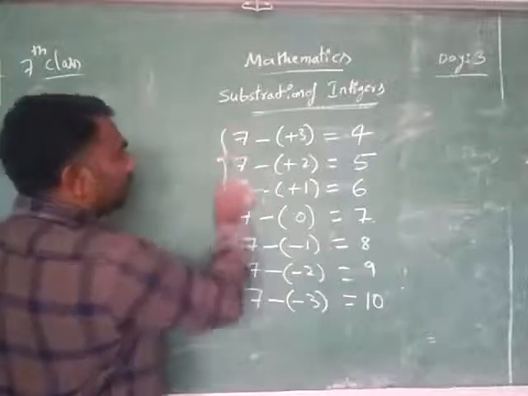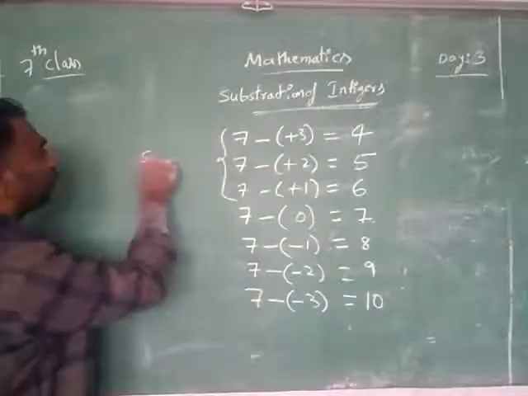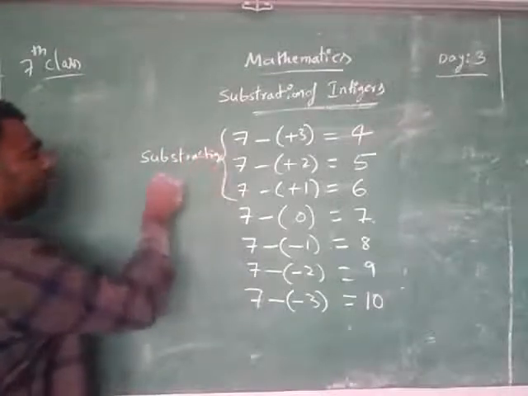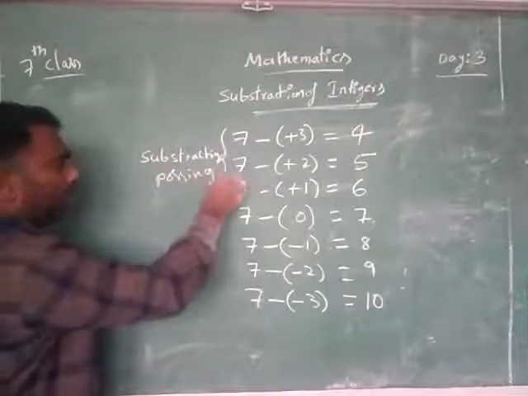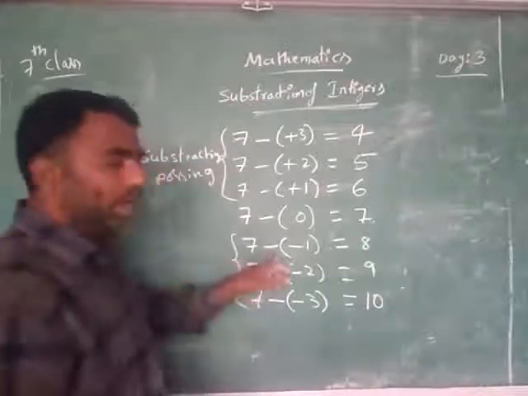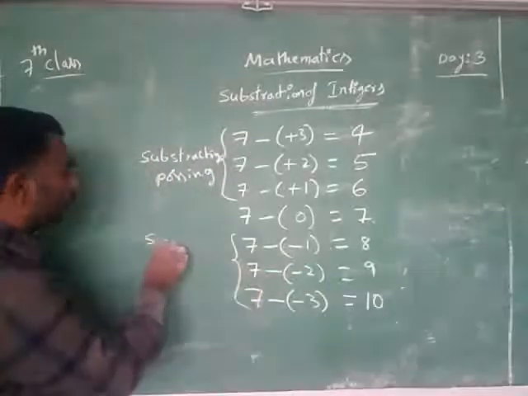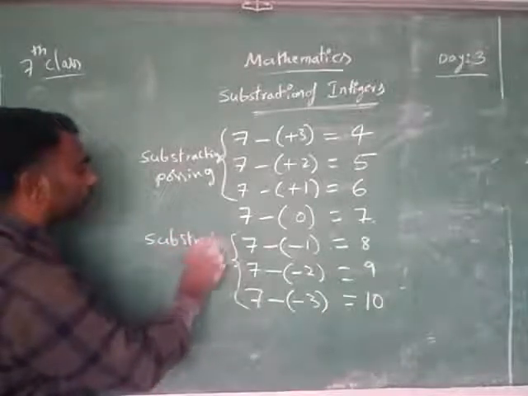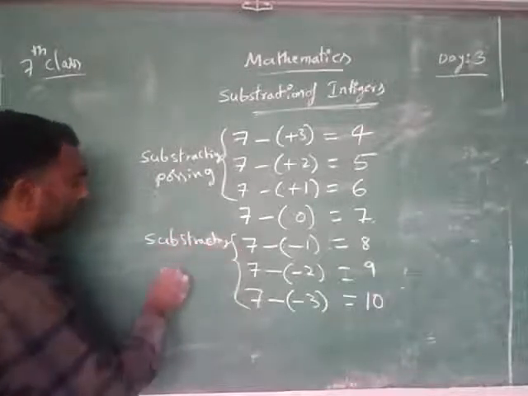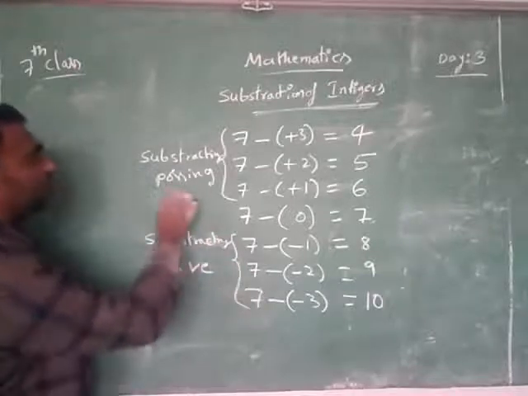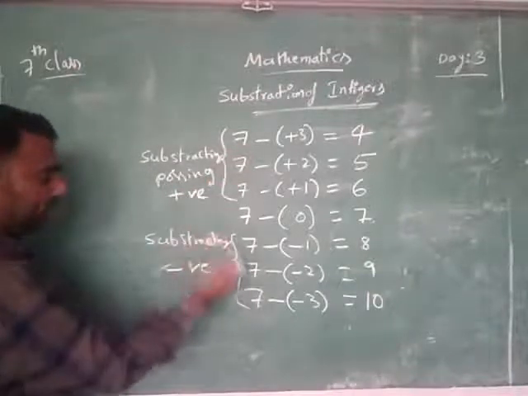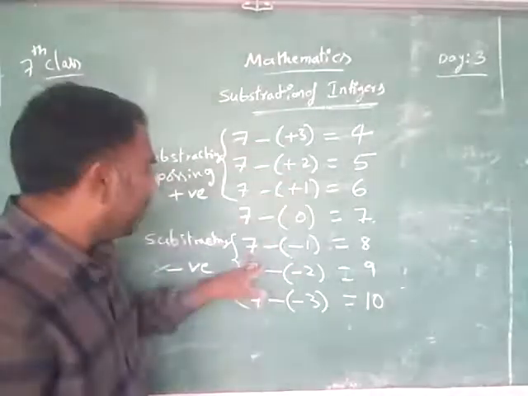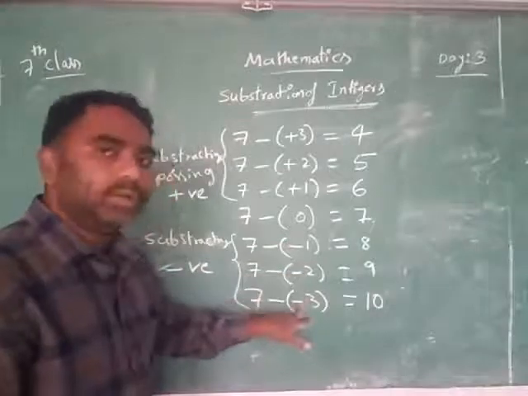Here we are subtracting positive numbers in these situations, and here we are subtracting negative numbers. In the first situations we are subtracting positive, and here we are subtracting negative.